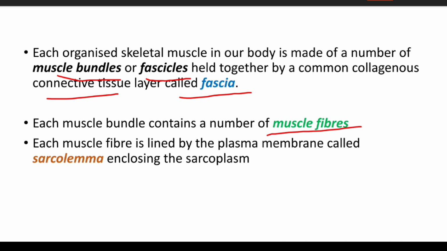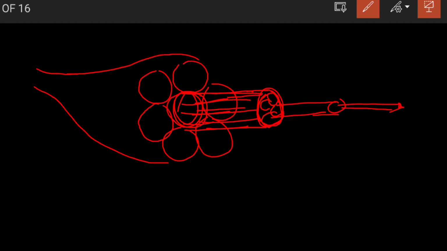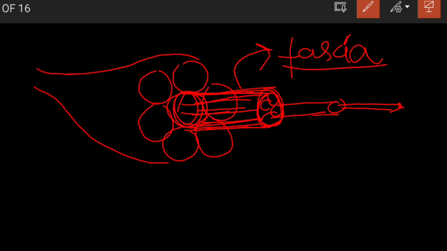Each muscle fiber is lined by a plasma membrane called sarcolemma, enclosing the sarcoplasm. So the muscle bundles or fascicles are held together by fascia.